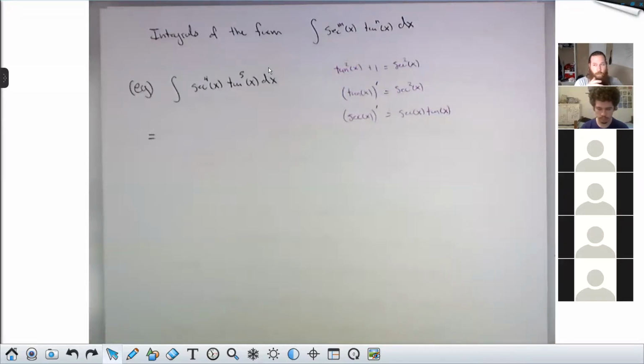So let's think about what we can peel off and set aside with the differential, such that what's left over will be nice and easy to rewrite in terms of the other trig function.